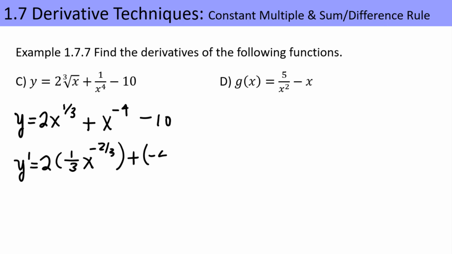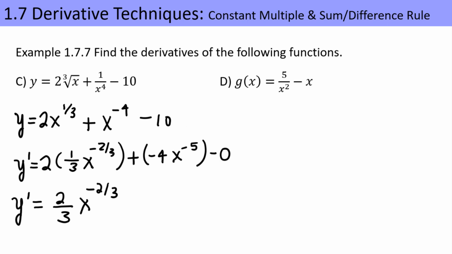We write down the minus 4 as the coefficient, x to the power of negative 4 minus 1, which will give you negative 5, minus the derivative of 10, which is a constant, is just 0. Let's clean up the terms. We have y prime equals 2 times 1/3 is 2/3, x to the power of negative 2/3, minus 4 times x to the negative 5.